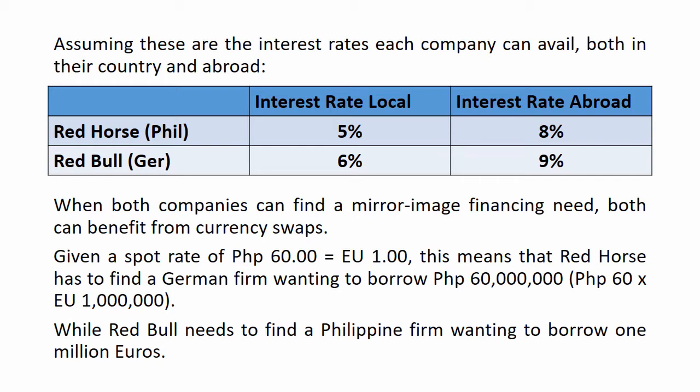In other words, given a spot rate of 60 pesos per 1 euro, this means that Red Horse has to find a German firm wanting to borrow 60 million pesos, while Red Bull needs to find a Philippine firm wanting to borrow 1 million euros.